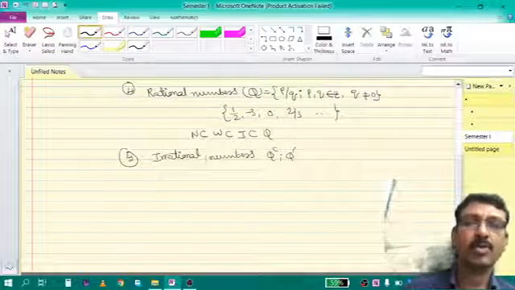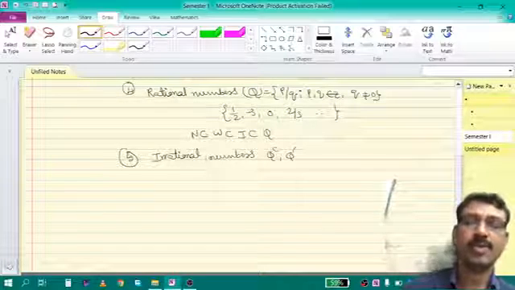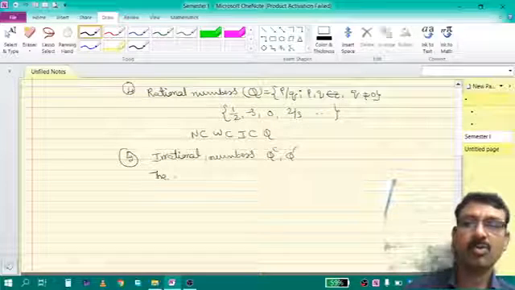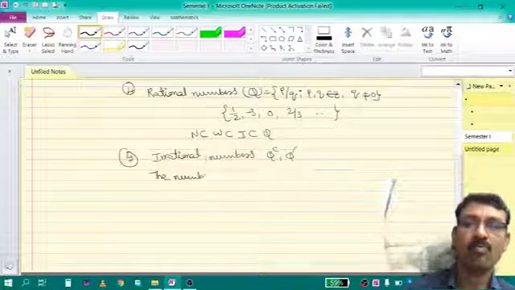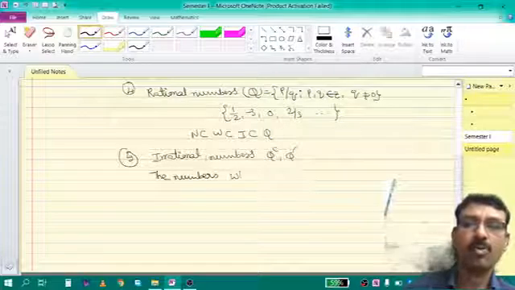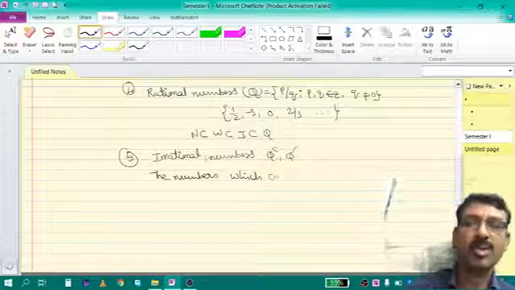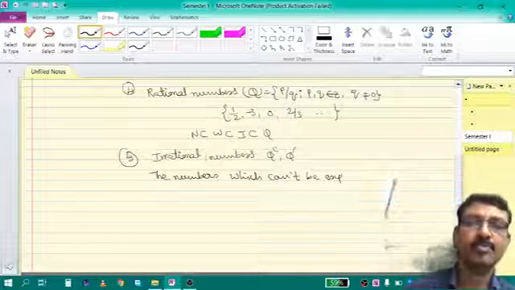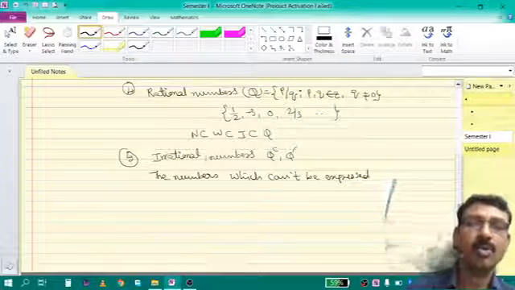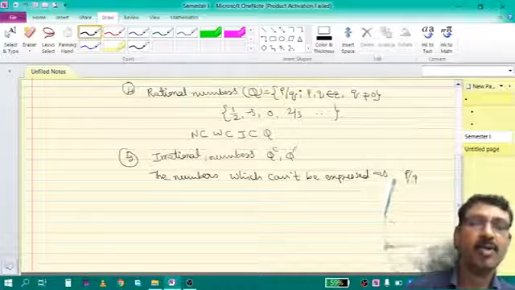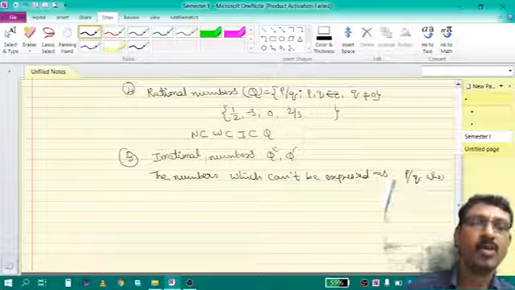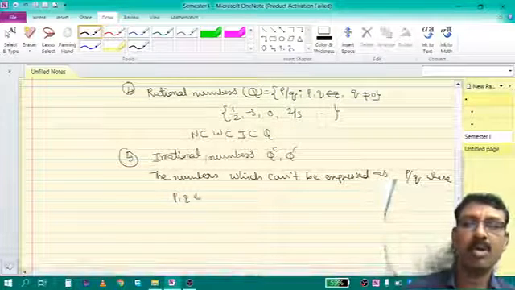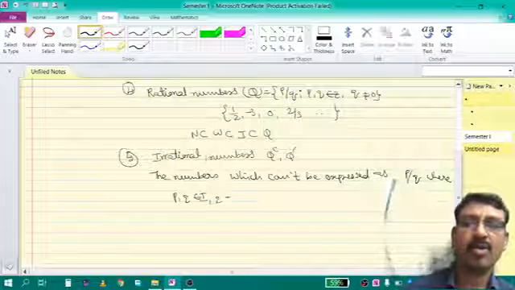Denoted by Q^c or Q complement, Q dash. The numbers which can't be expressed as p by q, where p, q are integers and q not equal to 0.